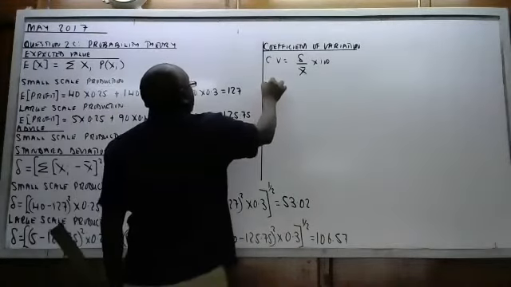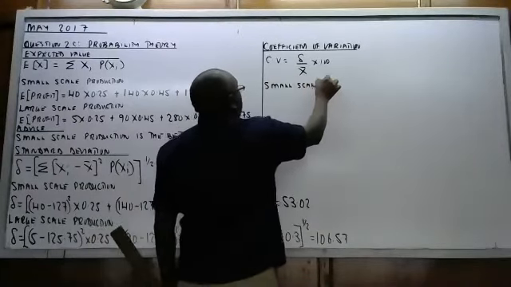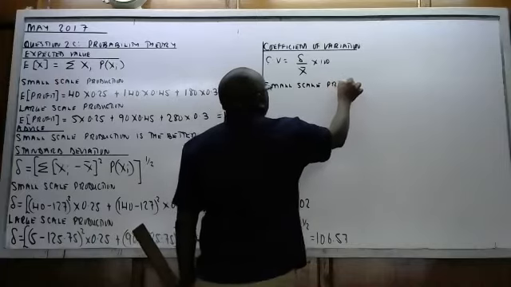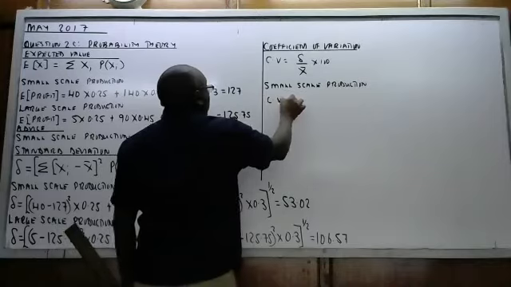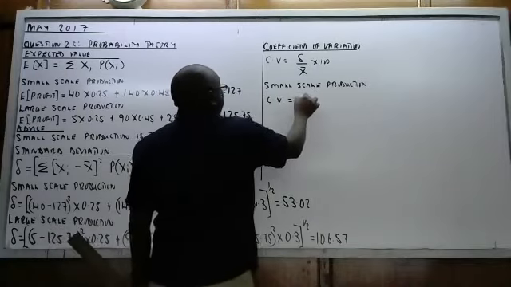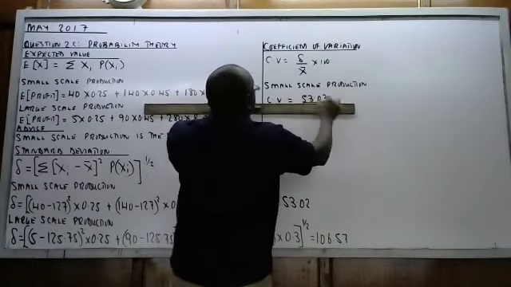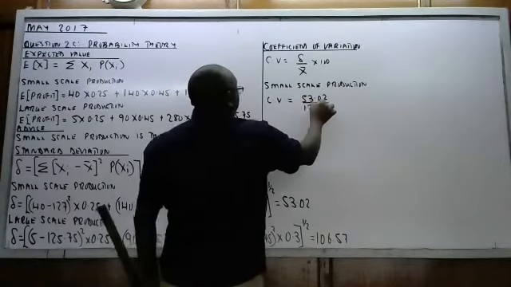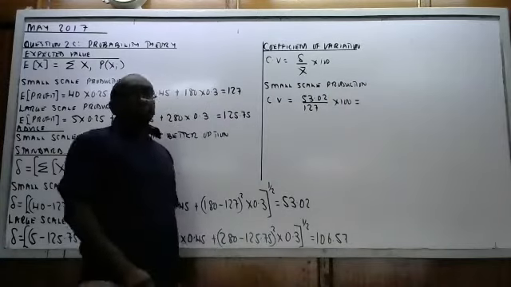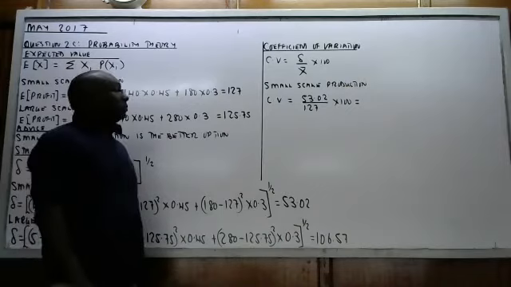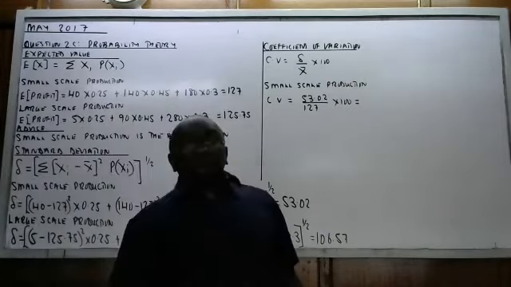So for the small scale production, CV will be equal to 53.02 divided by 127, multiplied by 100.